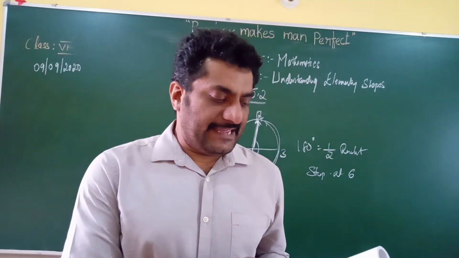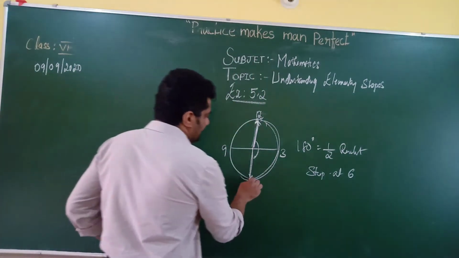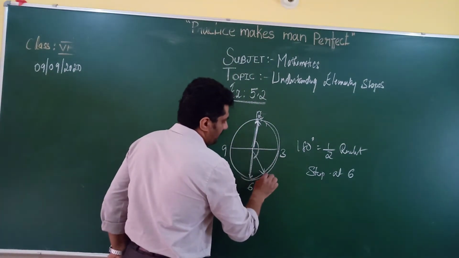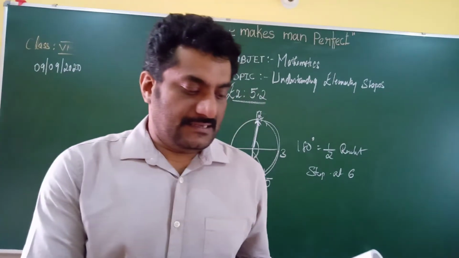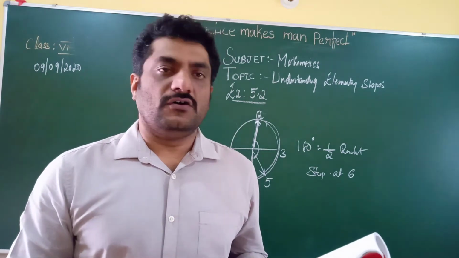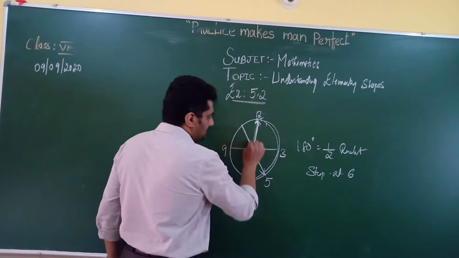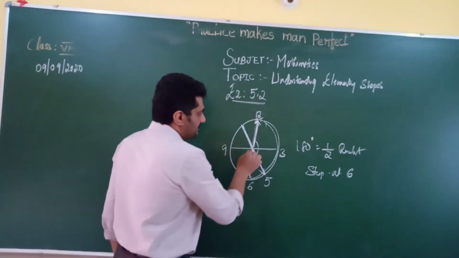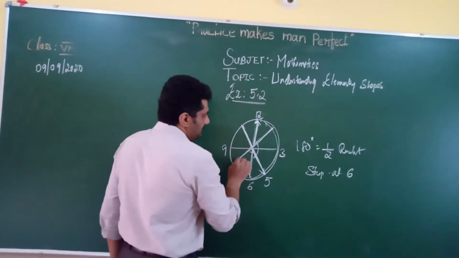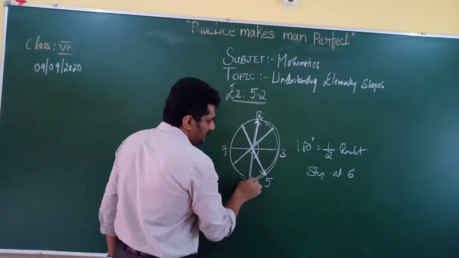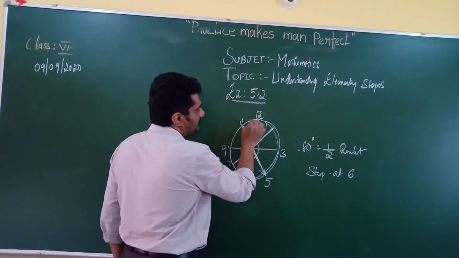In the same one, the second part: starts at 5, so if this is 6, this has to be 5, and makes 3/4 of a revolution. See here, this is 180 degrees, which is half. So from this you do the same thing. Now this is 5, 6, 7, 8, 9, 10, 11, 12.